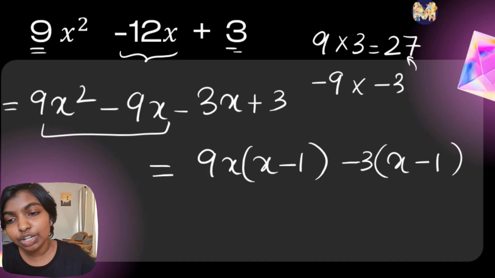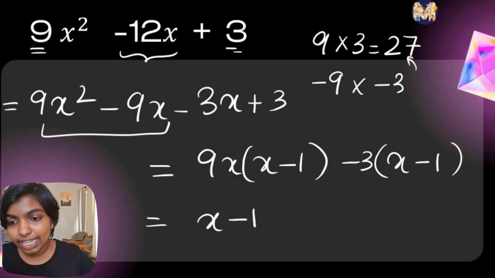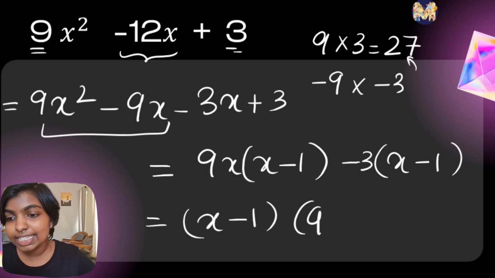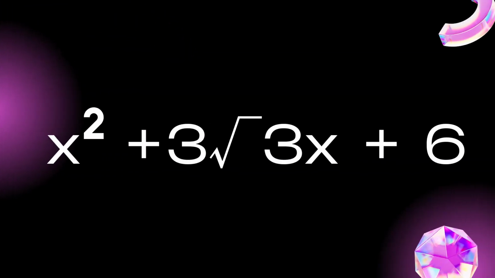If we just took 3 common, we'd be left with 1 minus x, which is not the desired factor, right? So we would go with taking minus 3 common. Then from here we can take x minus 1 common again, and we have 9x minus 3. Okay, so these two are the factors.